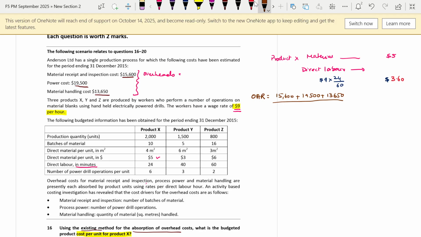Production quantity is how much? We have to calculate the total number of hours. 2,000 units times 24 divided by 60. Are you clear about this?